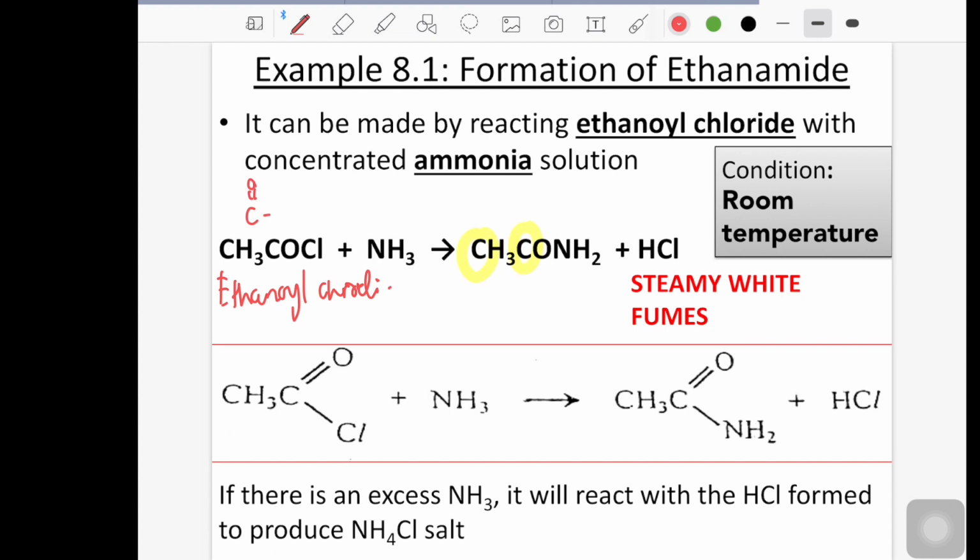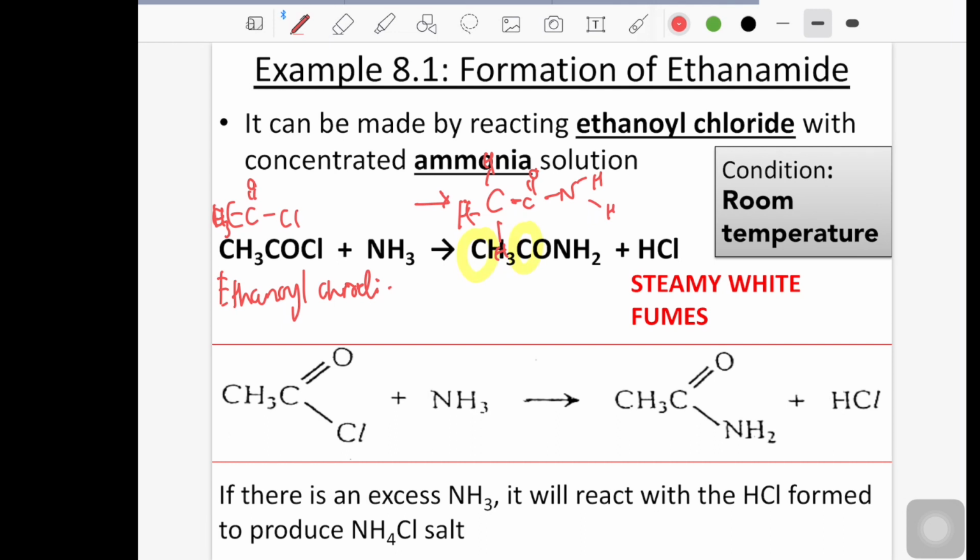If you cannot see this carefully, I suggest you draw it out, CH3, C double bond O, NH2. The other side product HCl will appear as a gas, as steamy white fumes.